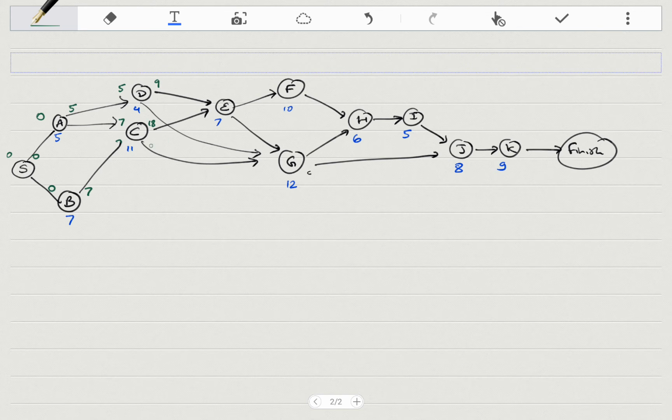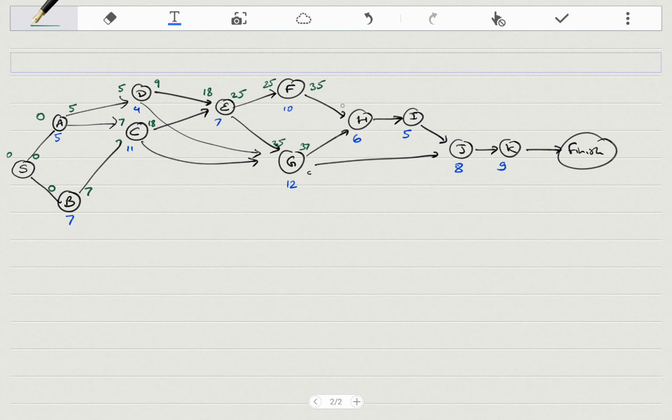Now you can start E after C and D are done, so 18, 18 plus 7 is 25. After E you can start F, you can start at 25, 25 plus 10 is 35. G, you have to wait for C, D and E, so 25, you can start it at 25, 25 plus 12 is 37.